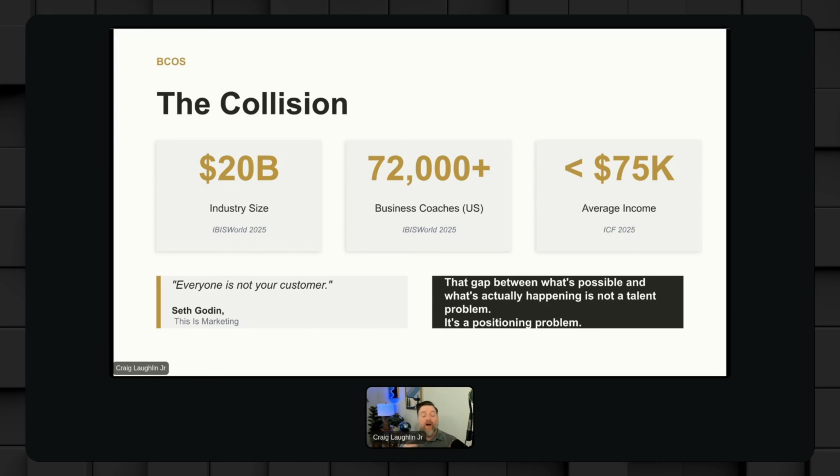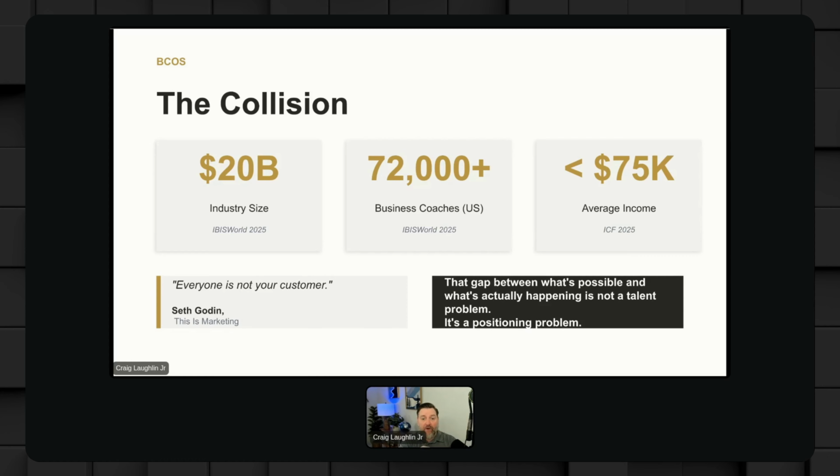Coaches are averaging 12.4 active clients per coach and 11.6 hours per week actually spent coaching, right? So you've got this massive market of business owners who desperately need help, and tens of thousands of coaches who are genuinely good at helping people. And somehow those two things are not converging. They're not connecting at the level they should be.